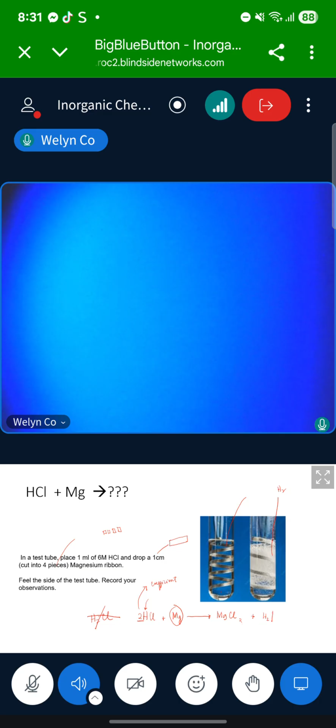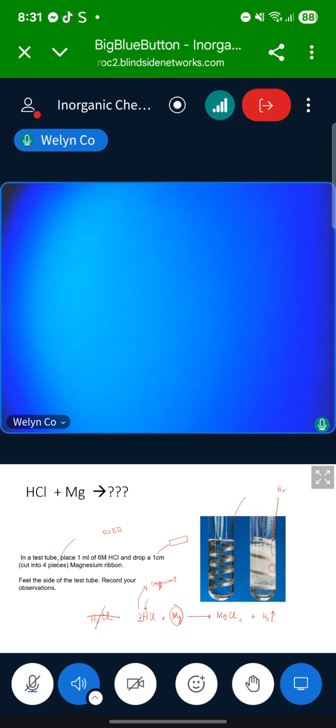So you have the hydrogen gas here, you have the arrow up. The arrow up here means that the substance releases gas. So the bubbles tell us that the gas is evolving to the atmosphere or to the surroundings.